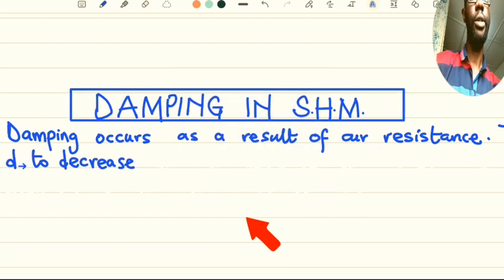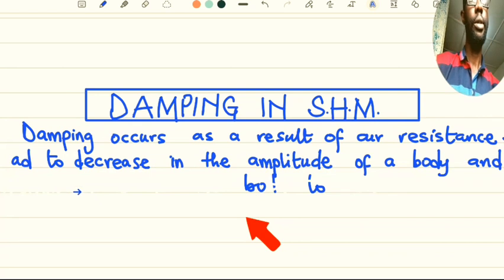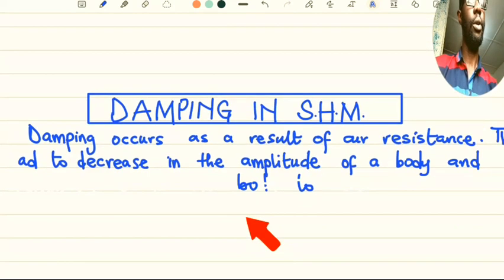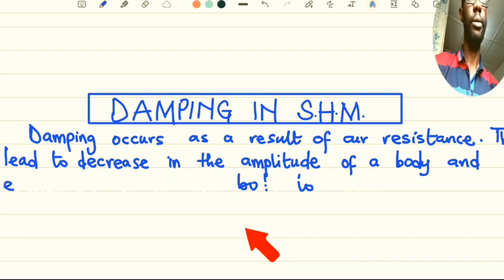It is due to decrease in the amplitude of a body. So we have here that it leads to decrease in the amplitude of a body.